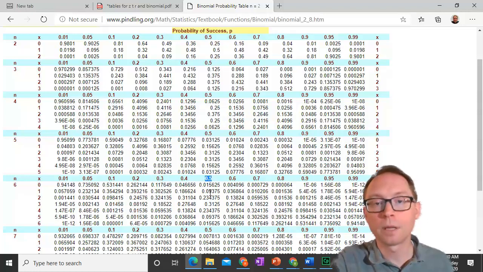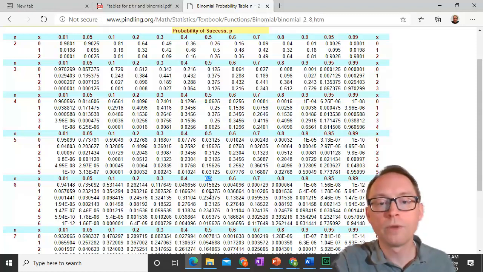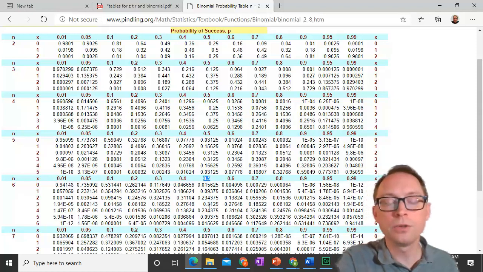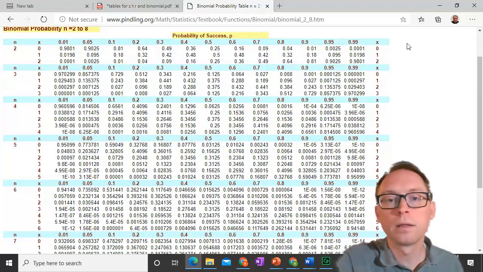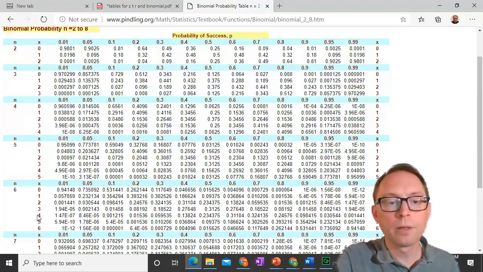Okay, so 0.5 is the probability. And what we want to know is what is the probability that 4 or more people will vape. And what this is asking us to do then is to add up the probability of 4 people vaping, 5 people vaping, and 6 people vaping.